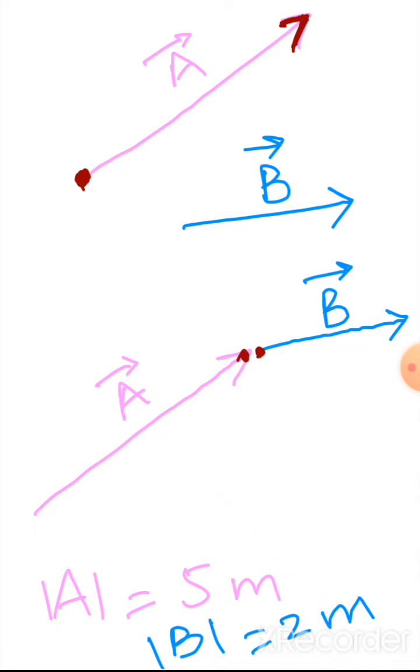The next and last step is that the tail of the first vector is joined to the head of the last vector, or second vector.